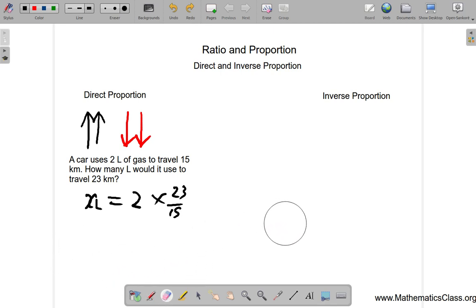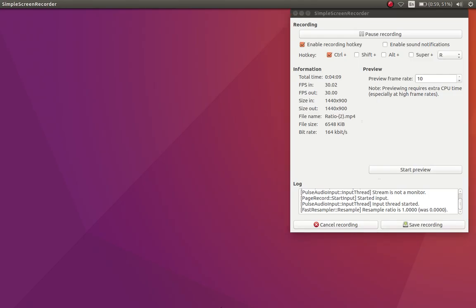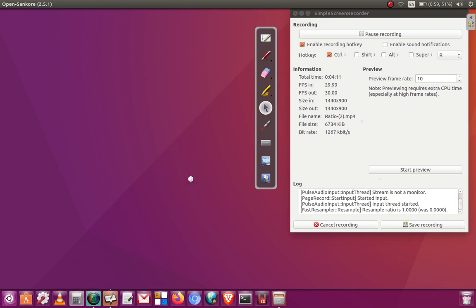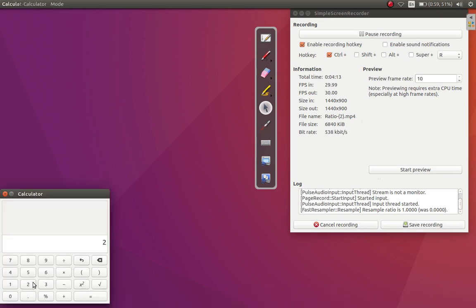Alright, so in this case, the X liters is going to be 2 times 23 over 15. Let's just do it quickly with our calculator. 2 times 23 divided by 15, and you get 3.07.